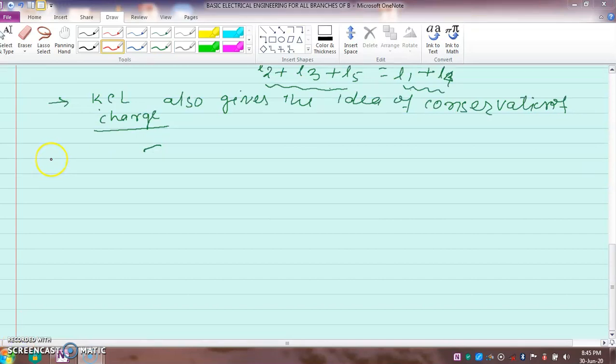Now the second law of Kirchhoff is Kirchhoff voltage law. This is called KVL.